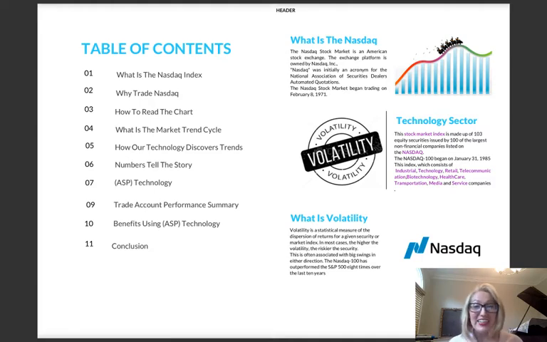All right, volatility, technology sector. This stock market index is made up of 103 equity securities issued by 100 of the largest non-financial companies listed on the NASDAQ. The NASDAQ 100 began January 31st, 1985.